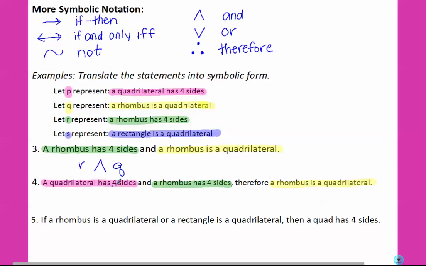A quadrilateral has 4 sides is P. And is our symbol that looks like the beginning of a capital A. A rhombus has 4 sides is R. The therefore is a conclusion, so we're going to write it underneath our original statement. Therefore is our 3 dots and a triangle. And then finally, a rhombus is a quadrilateral is represented by letter Q.